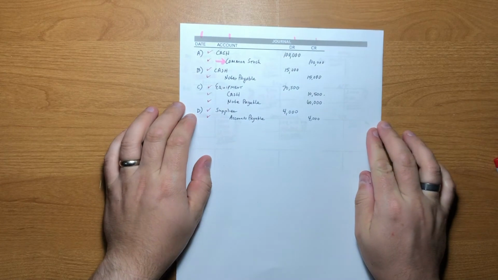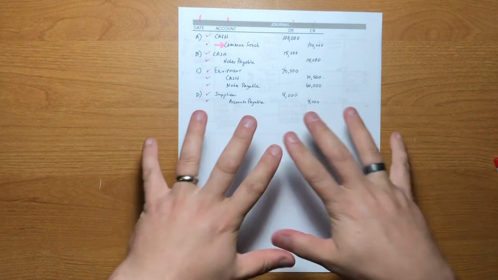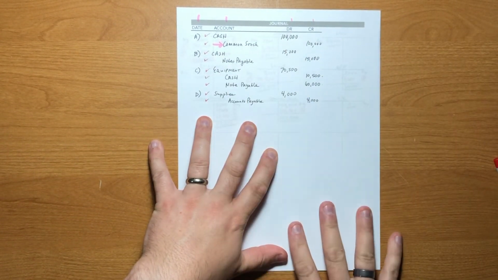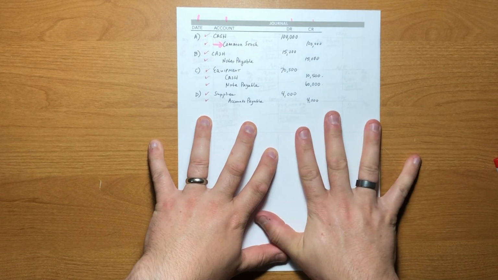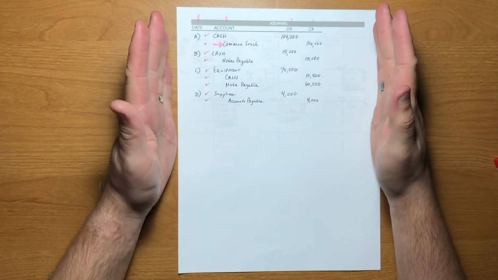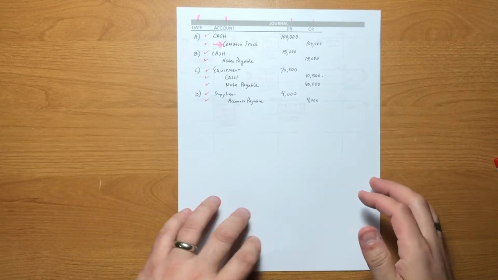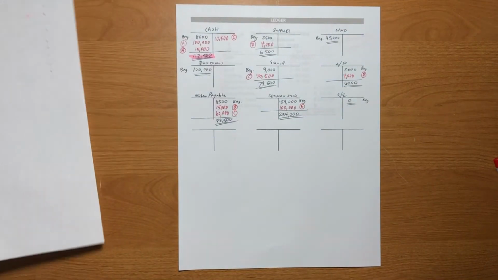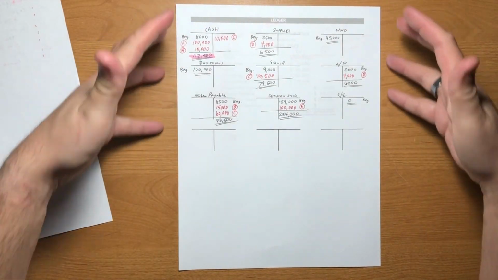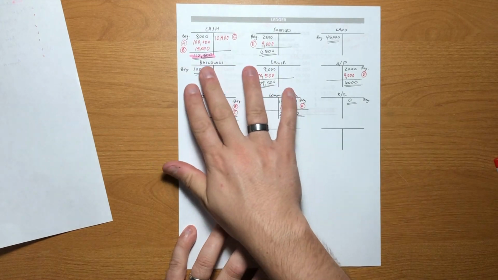This encapsulates the process we go through in doing accounting. We go from the journal, where we record activity that happens. We move that activity into the ledger so we can figure out what the balances are in our accounts.